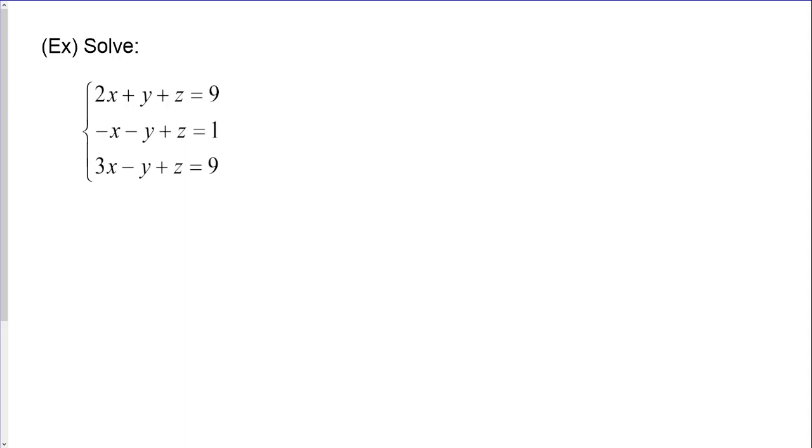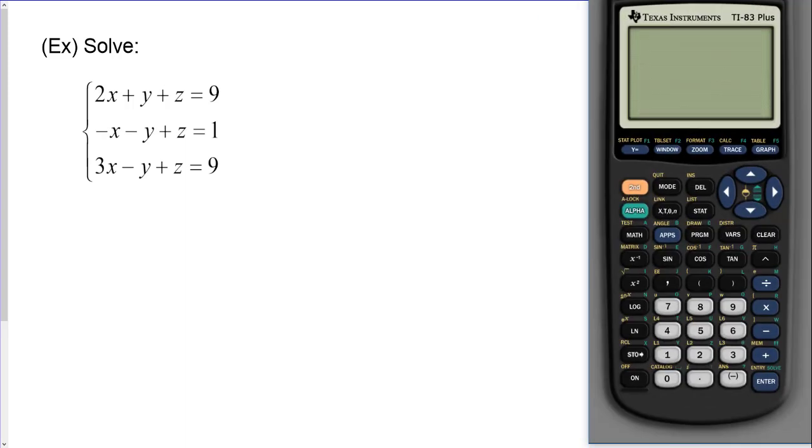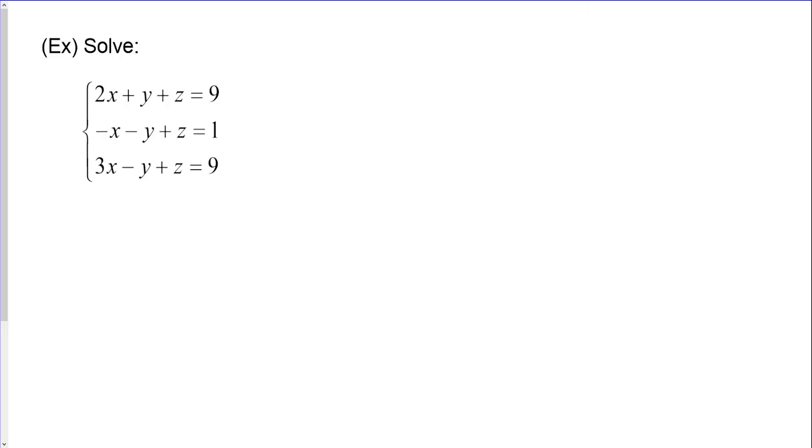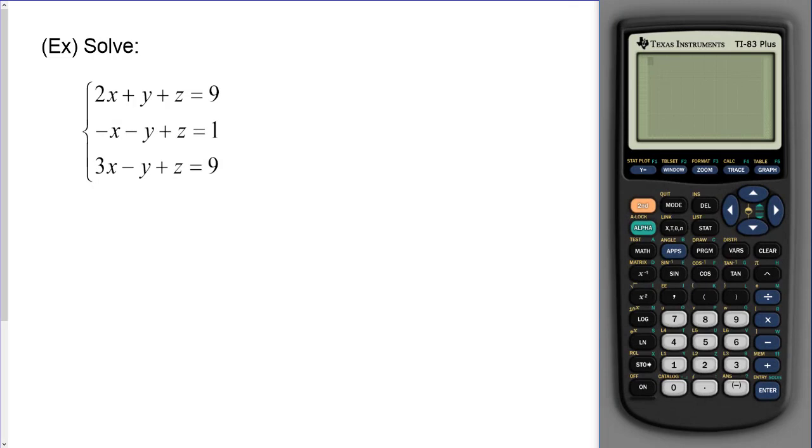So let's see how the calculator would solve this large linear system. In order to use the calculator, we have to learn a new menu set. That is under the matrix key, which if you look at the x to the negative 1, above it has the word matrix.